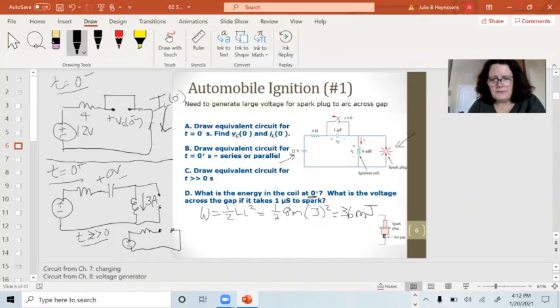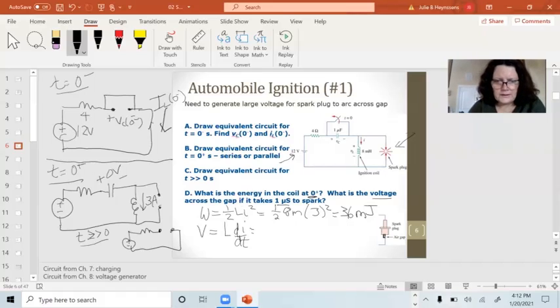I want to find the voltage across the gap if it takes 1 microsecond to spark it. So another thing we know about inductors from 188 is the voltage equals L di dt.